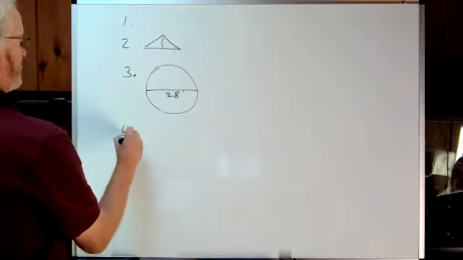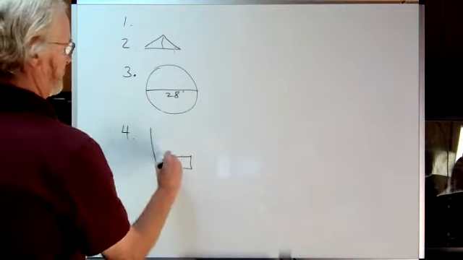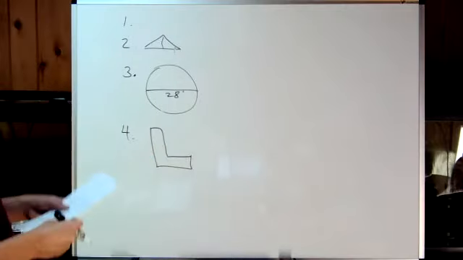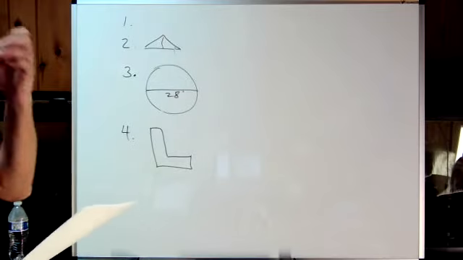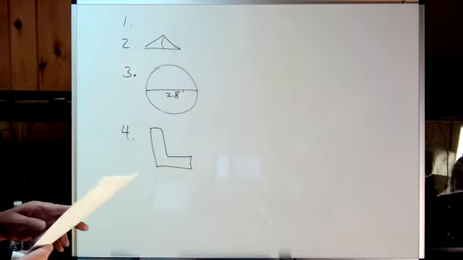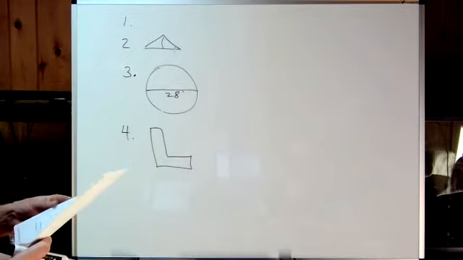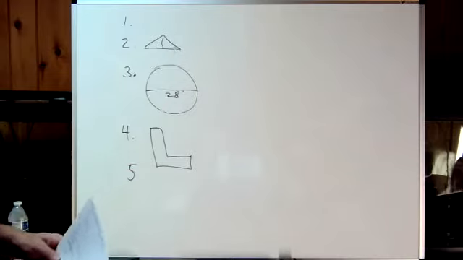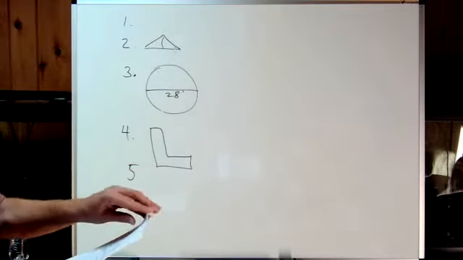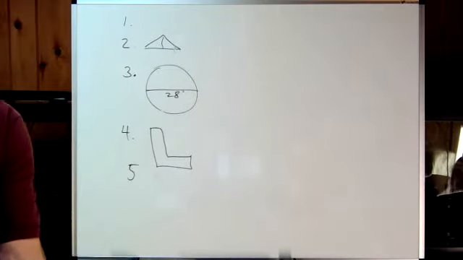Number 4 is one of those things. Find the perimeter and the area, and they give you just enough numbers to do that. Actually, number 5 is the same kind of thing. Gives you another one of those. All right, now question 6.